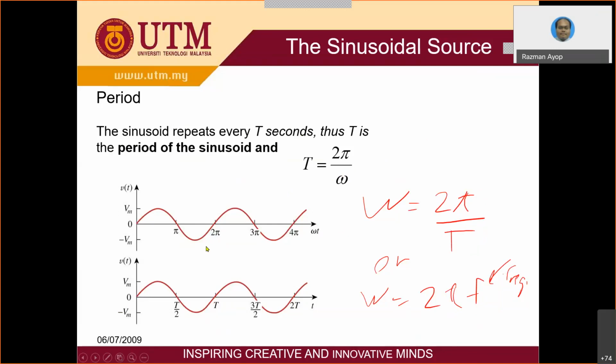So from this, you need to know how to draw. This one is T over 2. If you use WT, make sure you use the units pi, 2 pi, 3 pi, 4 pi. But if you use T, make sure you use this approach.